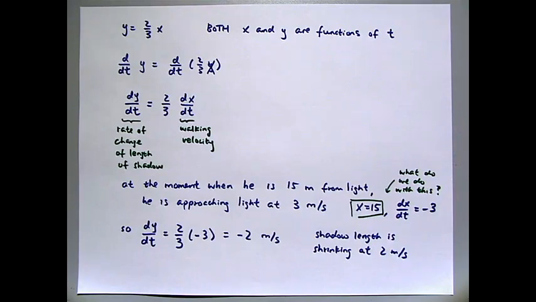Yes, if I want to know the length of the shadow, I would need to use that somehow. But if all I want to know is the rate of change of the length of that shadow, this is not going to change it at all, right?